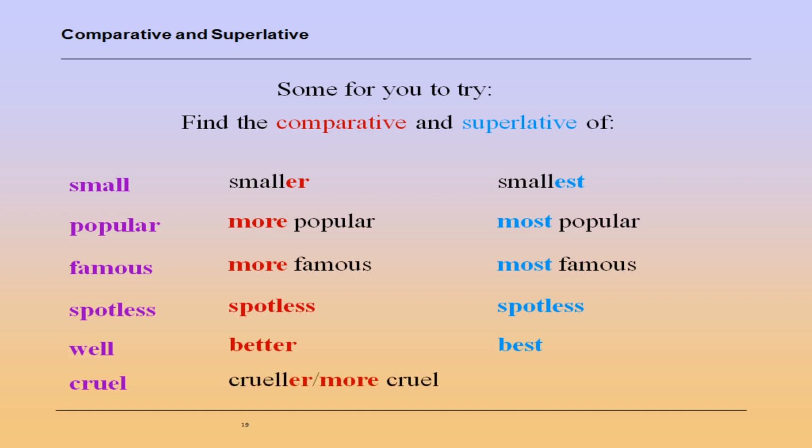Then here, for the adjective cruel, there are two comparative forms, crueler and more cruel. The superlative forms are cruelest and most cruel.